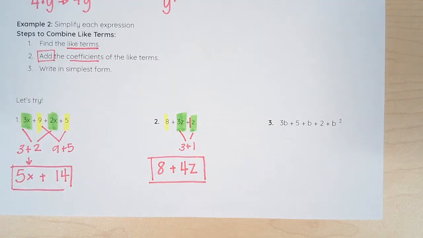So, for example, we've got 3b plus 5 plus b plus 2 plus b squared. What are my like terms here?